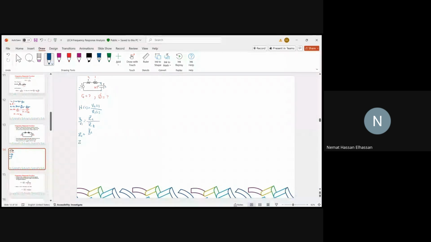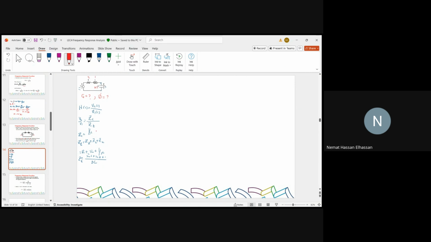And then Z total is basically the series combination ZR plus ZL plus ZC, which is equal to R plus SL plus 1 over SC, which can be combined in a common denominator SC, and then we'll have S squared LC plus SCR plus 1. So this is Z total.